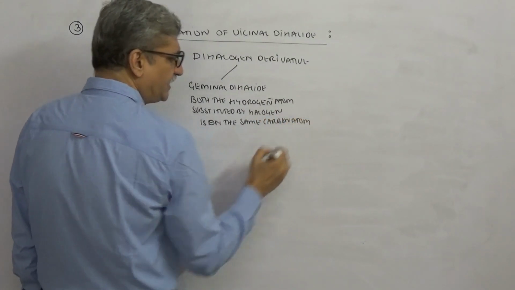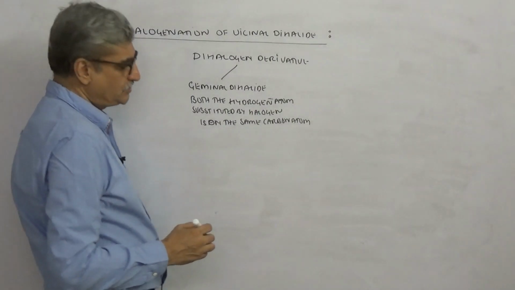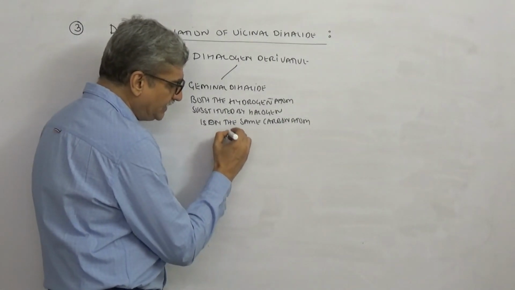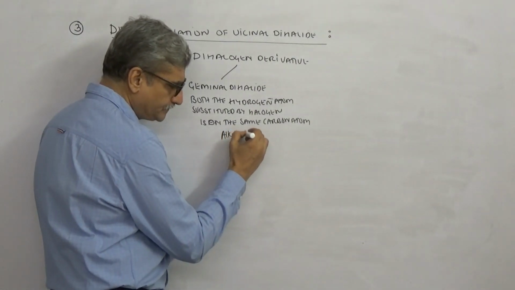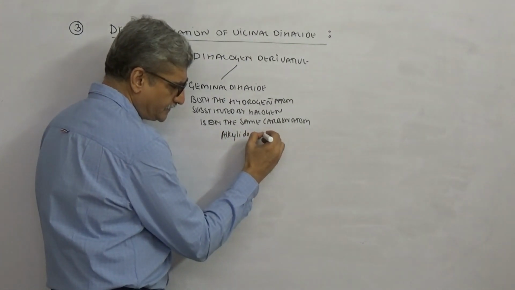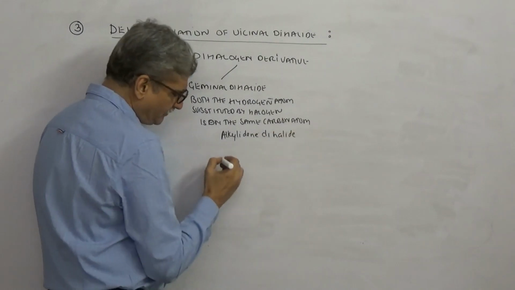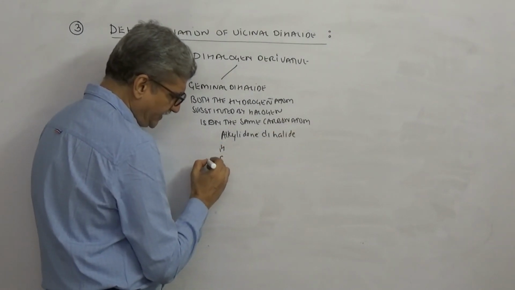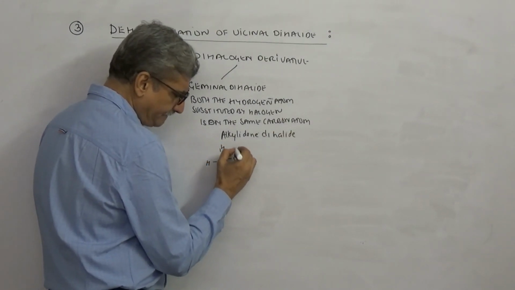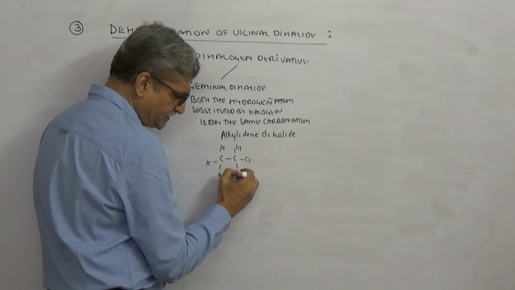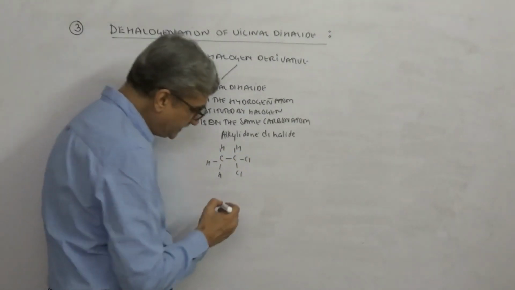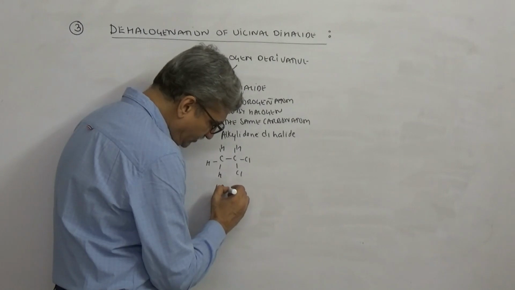Is this clear? So generally we name them as alkylidene dihalide. For example, we have CH3CHCl2. This will be called ethylidene dichloride.